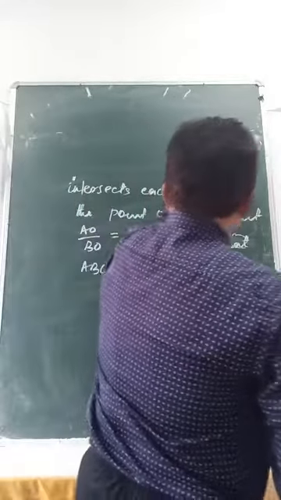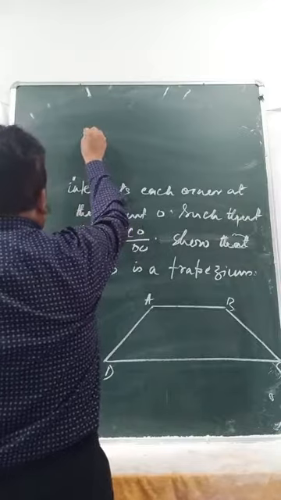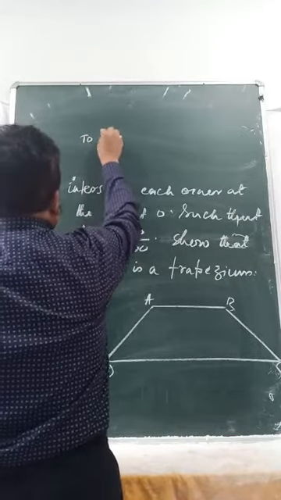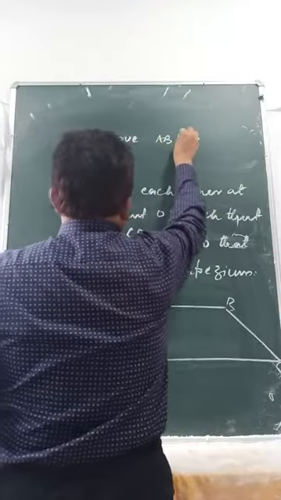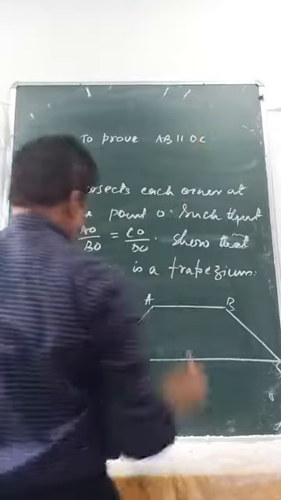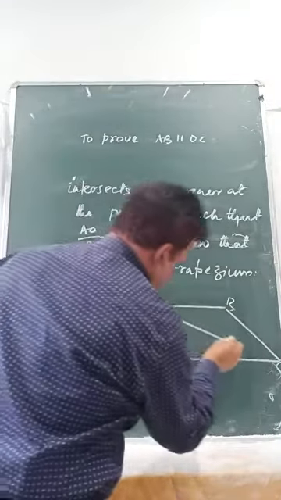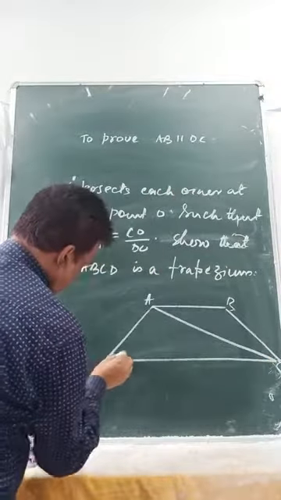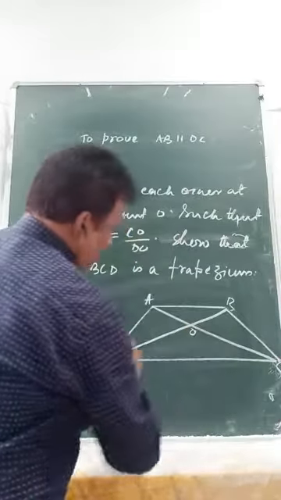So to prove AB is parallel to DC. This is also given: the diagonals intersect each other.